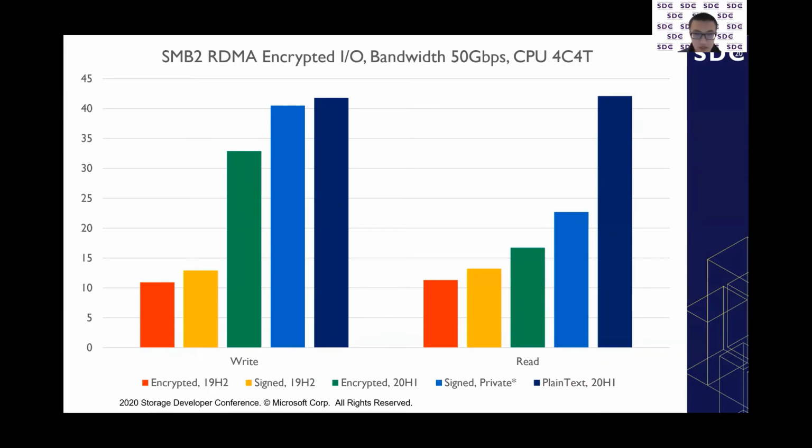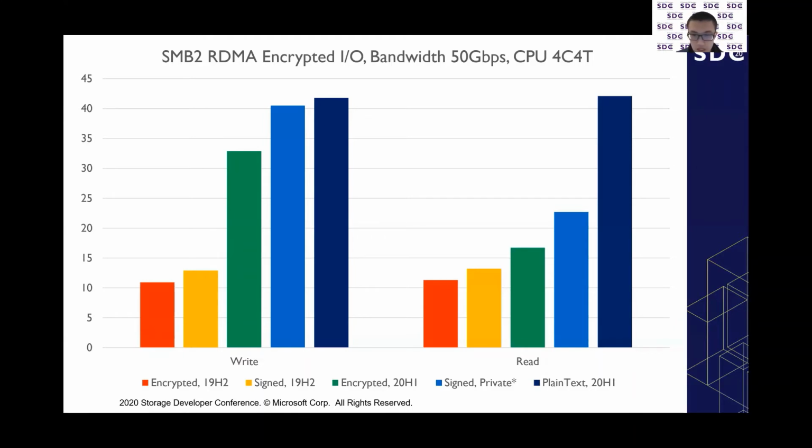The idea is we want to bottleneck the CPU and then see how much throughput, with these different security requirements and with the different builds, they can push through.